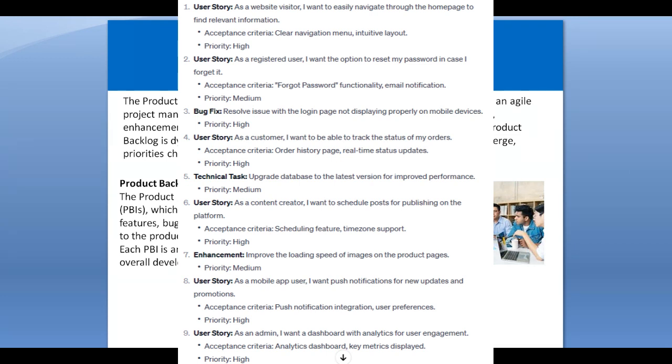For example, the customer should be able to log in to the product, or the customer can log out from the application. So all the requirements, the feature set, are considered product backlog items, and the main focus is on the delivery of the product and the work as well.